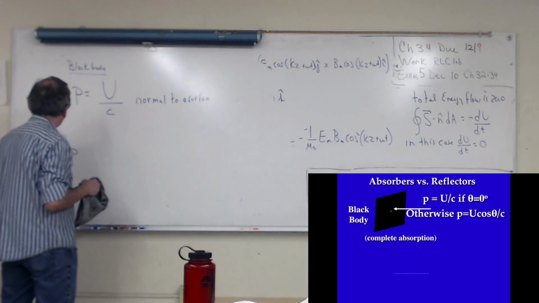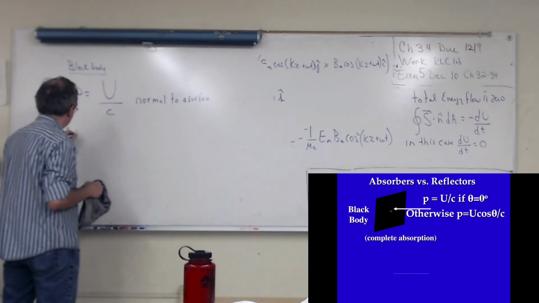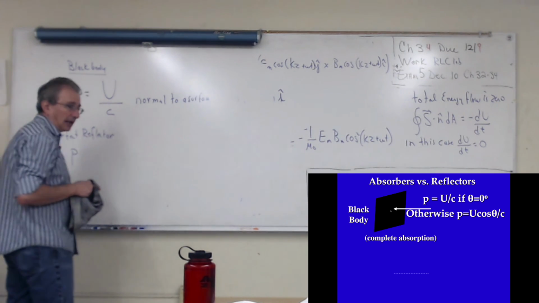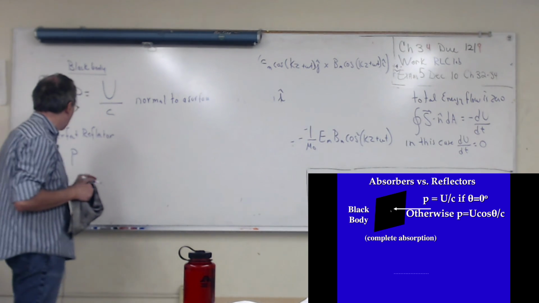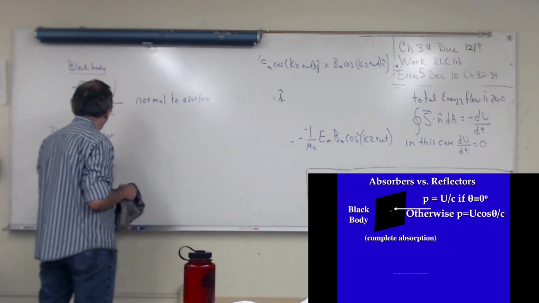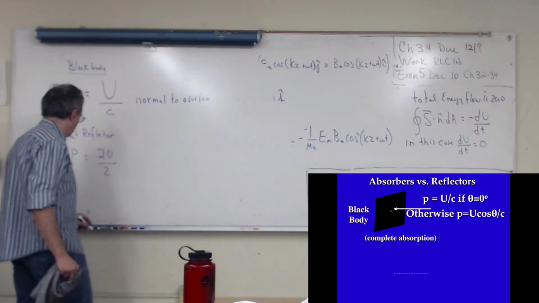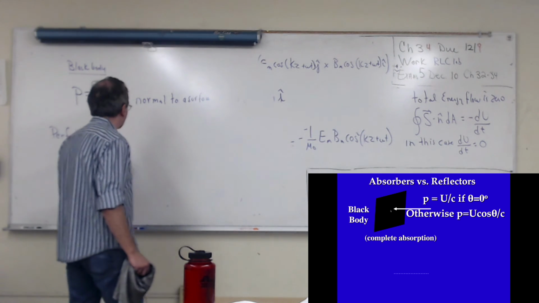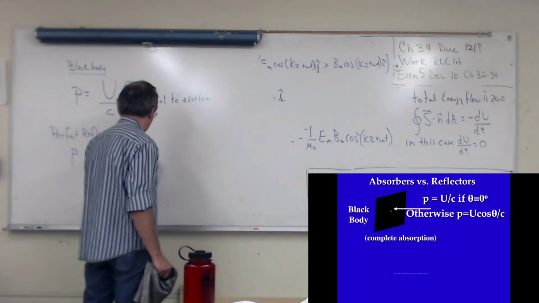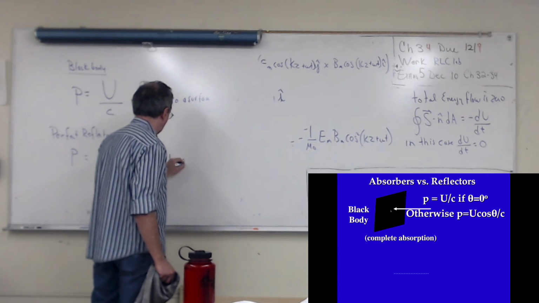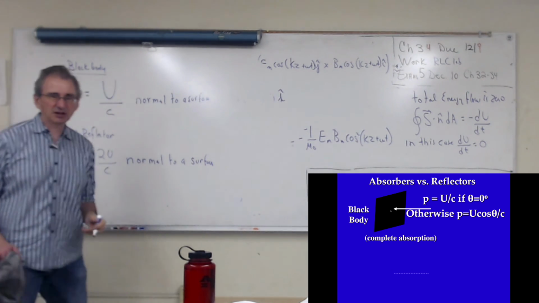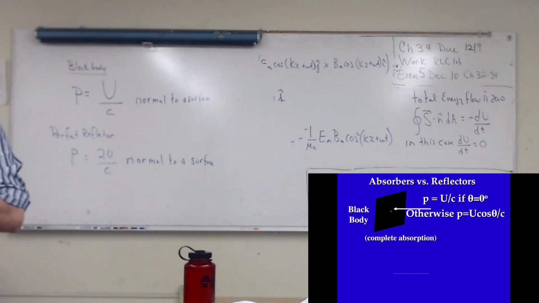If you have a perfect reflector, then the light hits the surface and then it gets reflected back, and the energy transferred is twice that. And I mention these because in the homework you have a couple of questions on this.